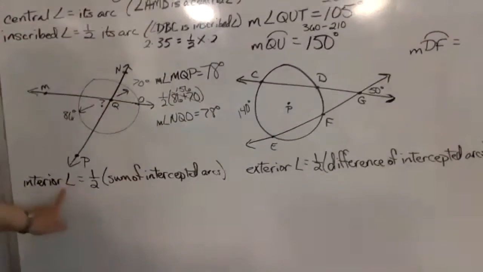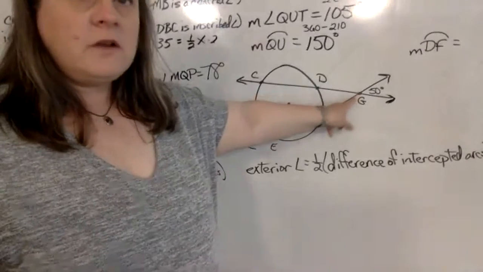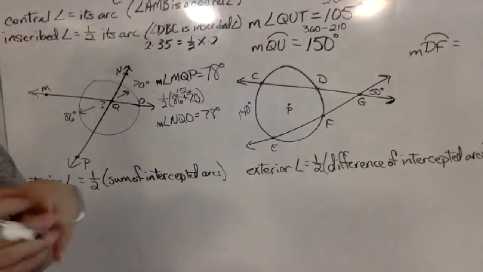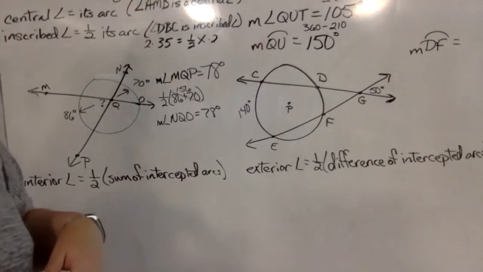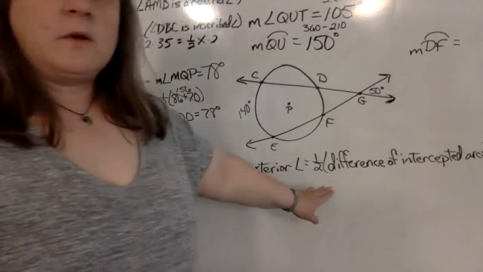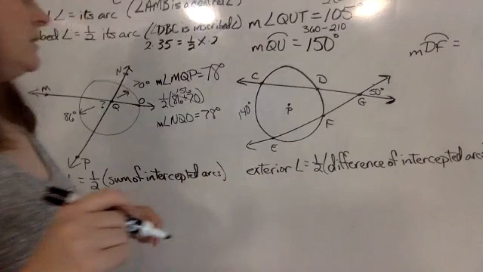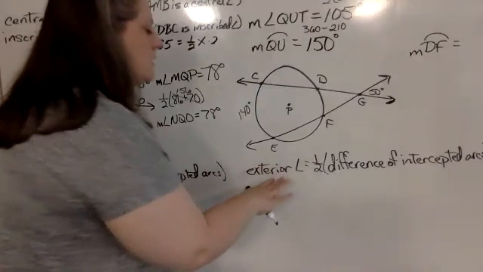If it's an angle on the inside, it's half the sum. If it's an angle on the outside of the circle, the lines intersect on the outside of the circle, then it's half the difference. Sum means add, difference means we're going to subtract. Okay?